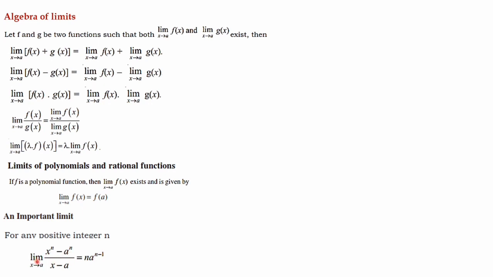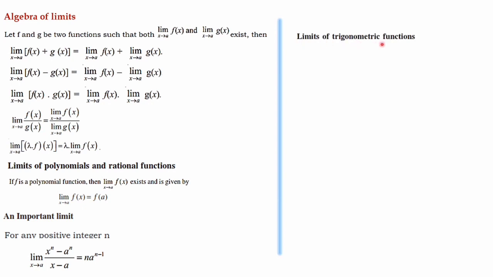So the limit as x tends to a of x power n minus a power n divided by x minus a is equal to n into a power n minus 1, just reducing 1 from the power. This is a very important result.